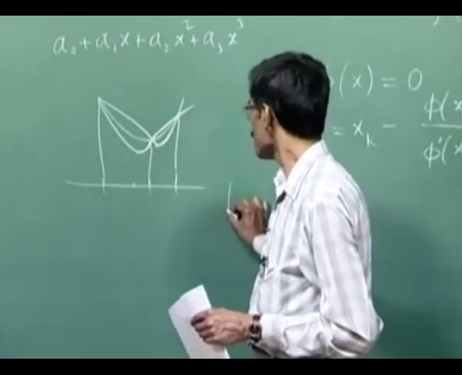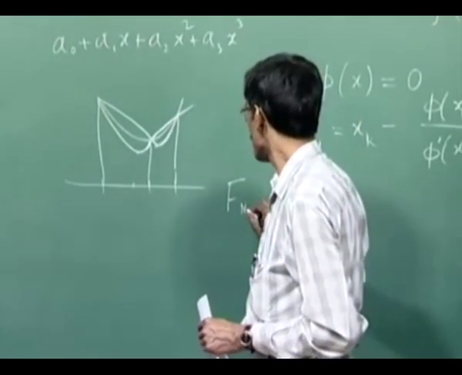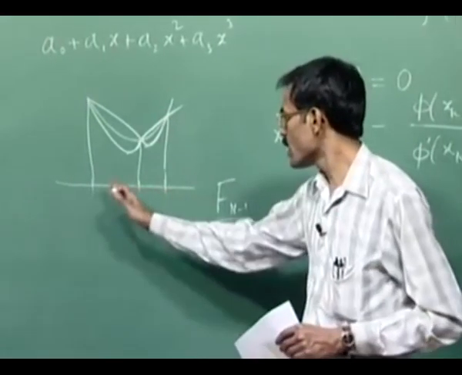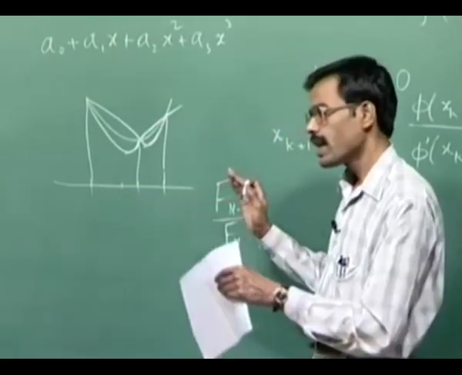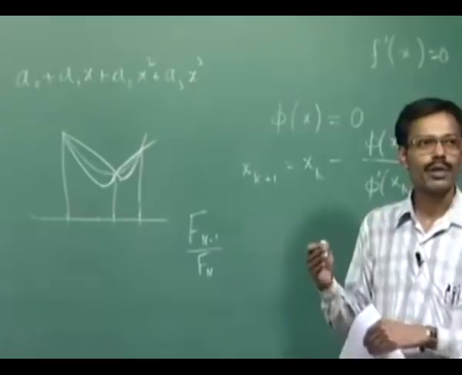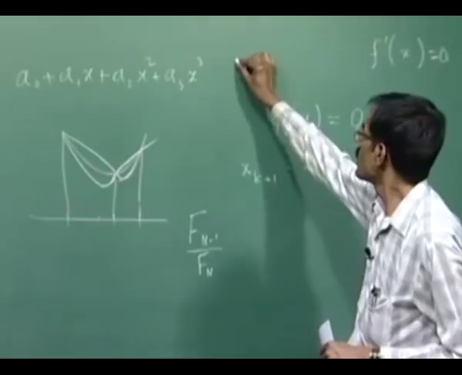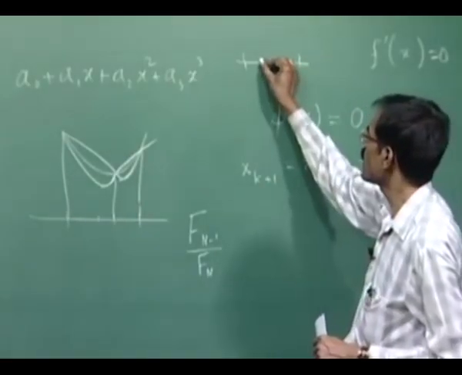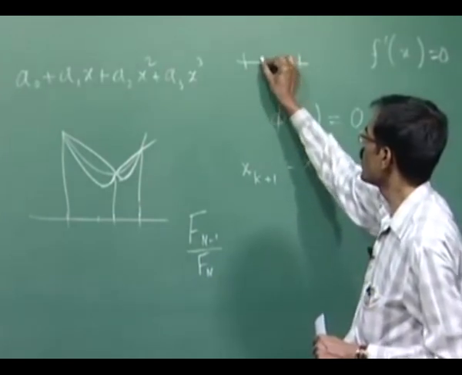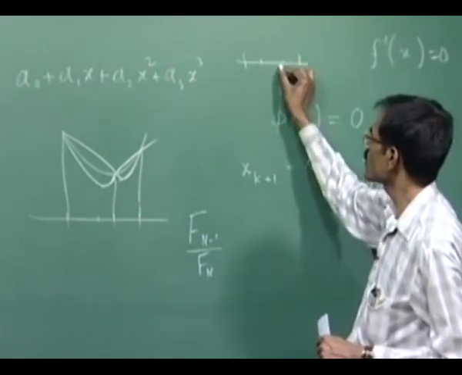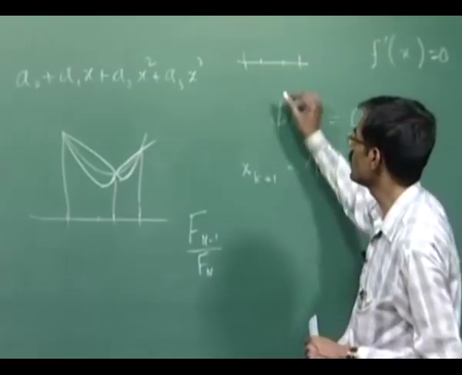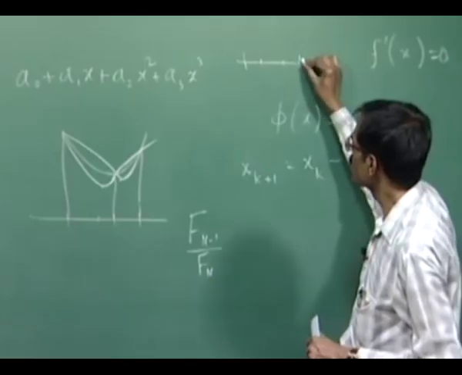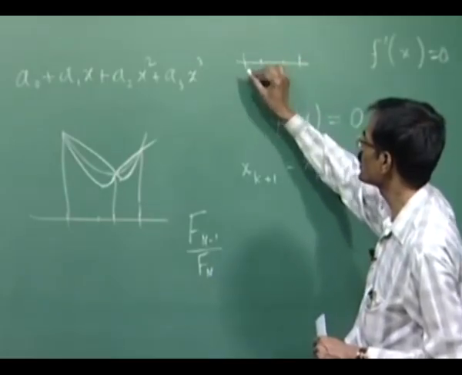So, F(n-1) by F(n), in this way you try to reduce the size, and through this measure what you ensure is that for this interval, you evaluate the function at one point here and at another point here at the same distance from the two endpoints of the interval, and then either you retain this point and throw away this, or you retain this and throw away this.